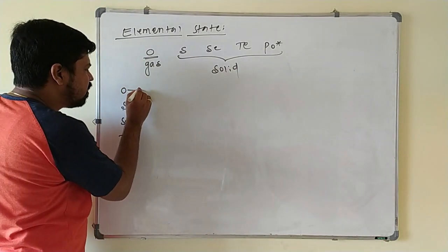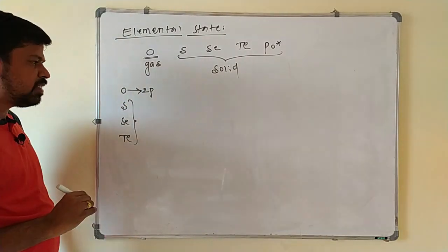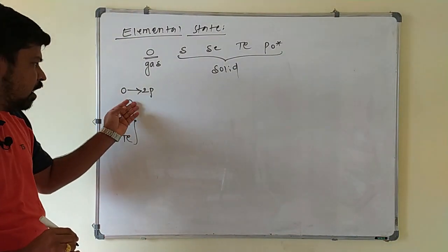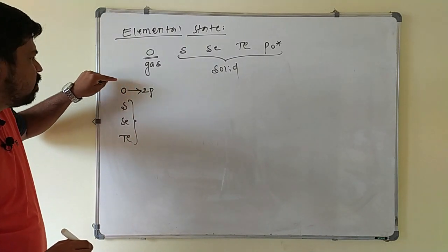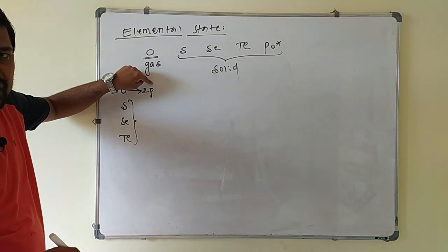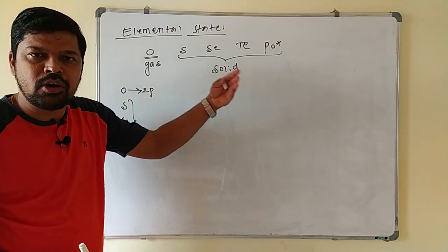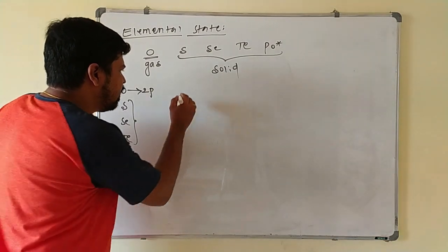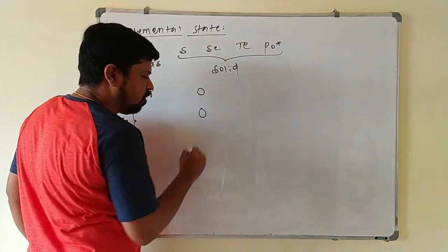Oxygen has a smaller 2p orbital, and the remaining elements have larger p orbitals like 3p, 4p and 5p. Because of its small size and high electronegativity, oxygen has a unique ability to form pπ-pπ multiple bonds with other oxygen. So I will write this oxygen like this, and I will take another oxygen.